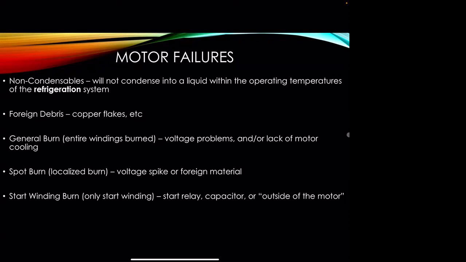Your start winding burn, only your start winding. That could be caused by a bad or faulty start relay, chattering of a contactor, or a faulty capacitor working hard on the compressor, or things outside of the motor that can add to that.